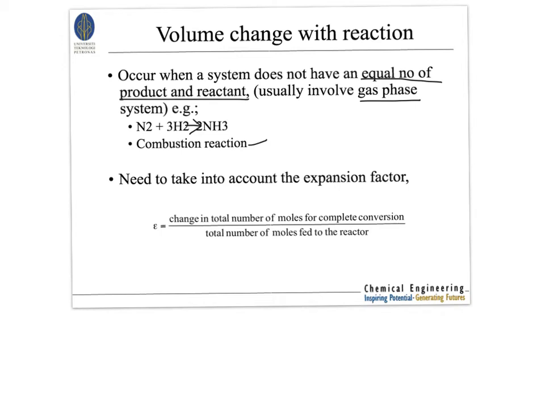So we need to take into account the expansion factor, symbolized by epsilon, which is equal to the change in total number of moles for complete conversion divided by the total number of moles fed to the reactor.